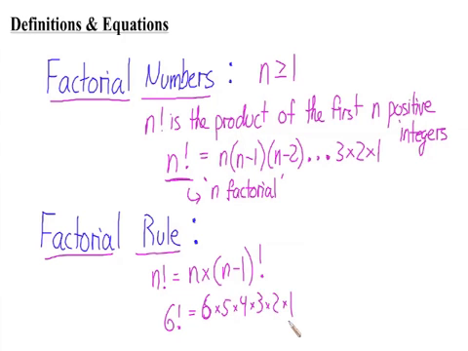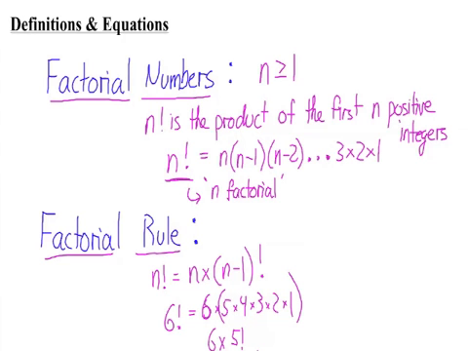But I can also write that as 6 times 5 factorial. Notice that n minus 1 is 5 in this case. I could also therefore write this as 6 times 5 times 4 factorial, and so on and so forth. This becomes useful when we're trying to simplify expressions later on, and we'll cover that in one of the example problems.